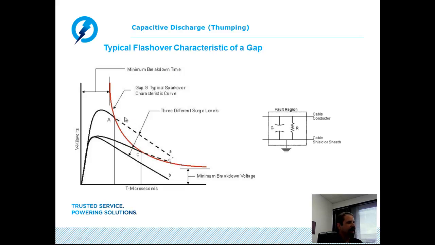Therefore, thumper A would be a successful tool. It would effectively break down the cable fault, where we see it intersecting the characteristic gap right here, and we would get a successful discharge of energy and a successful locate.